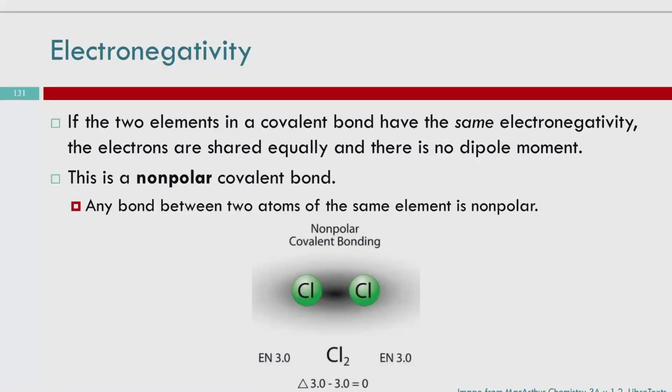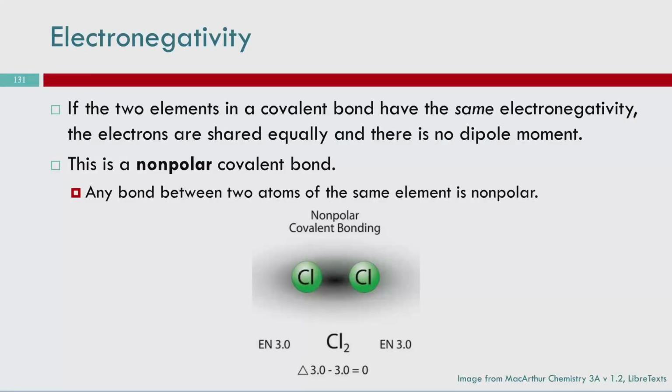Okay, so we've talked about a moderate difference in electronegativity. If the two elements have the same electronegativity, or basically the same, then the electrons are shared equally or roughly equally, and we're not going to get a dipole moment. No separation of charge.